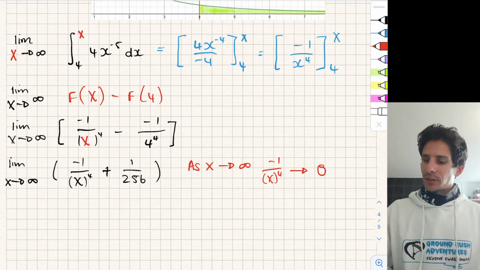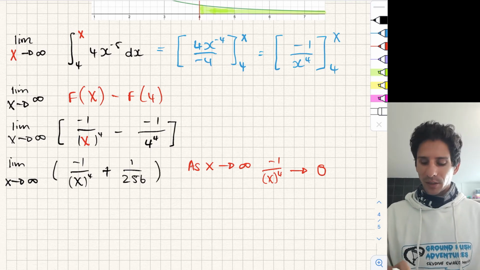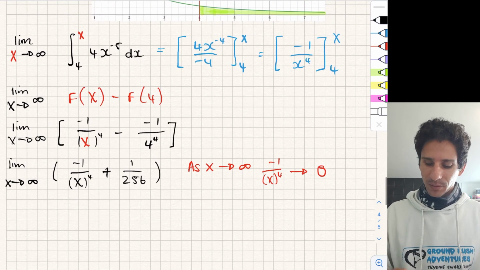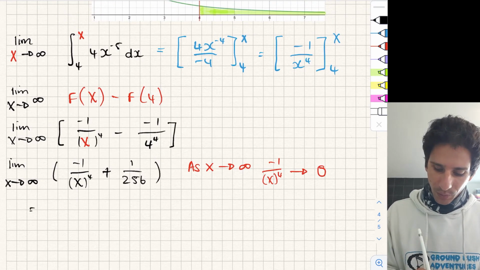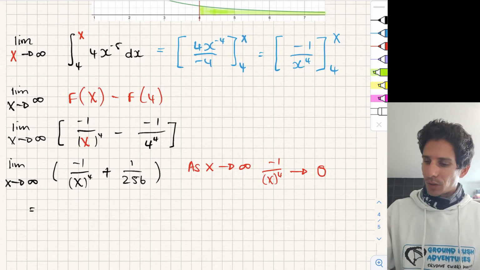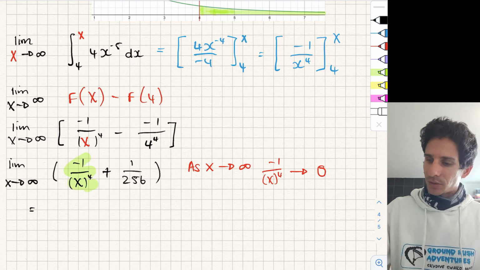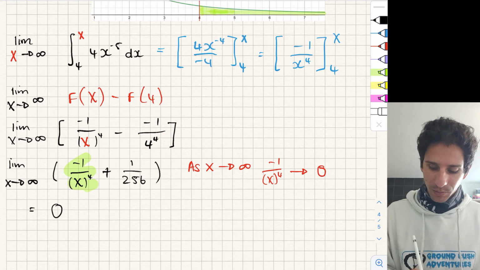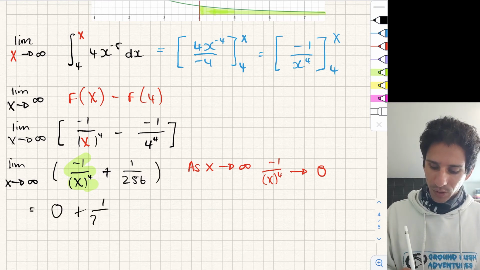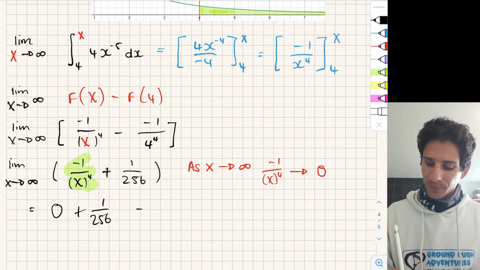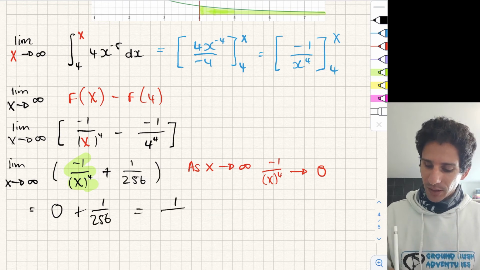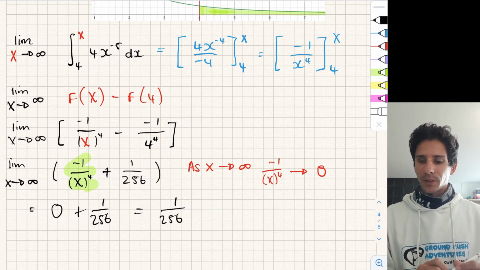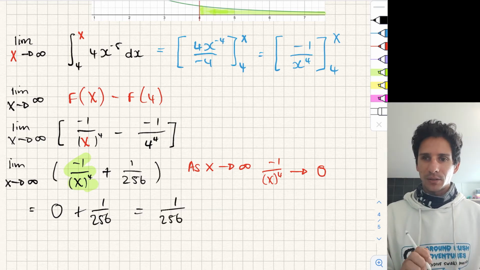So I've evaluated my limit now, so I can stop writing the limit. This is equal to, well, we've evaluated this part to be 0. So as x approaches infinity, that just becomes 0, and we're going to add this 1 over 256. And so I just get left with 1 over 256. That is the value of my integral.